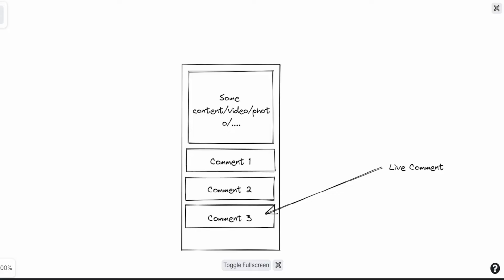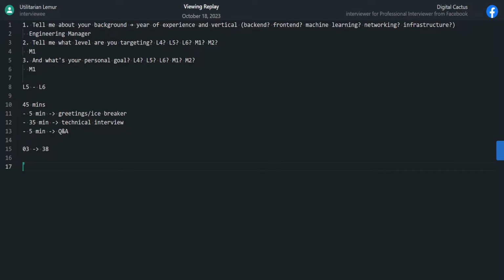All right. So the feature being asked for is a live comment feature. Yeah, the live comment feature. I'm switching back to the text just so that I can walk through the functional and non-functional requirements. Functional requirements.